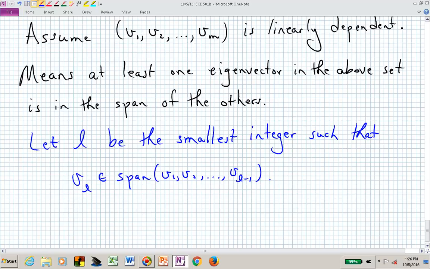So we've shuffled these eigenvectors and we've ordered them v1, v2, v sub whatever, such that when we get to L, which might be 6, then it's in the span of v1 through v5. We've just ordered this, m maybe is 10. But L is now the smallest integer such that we have this condition on it being in the span of the preceding L minus 1 eigenvectors.